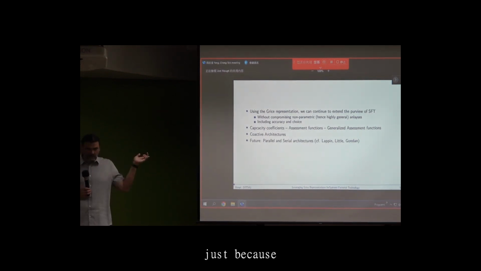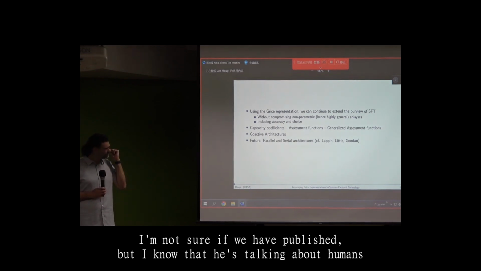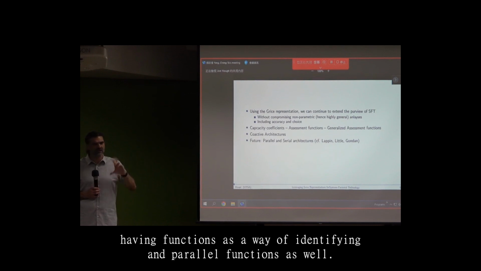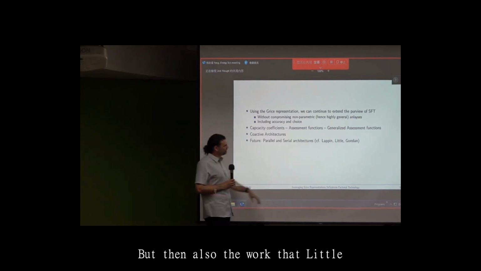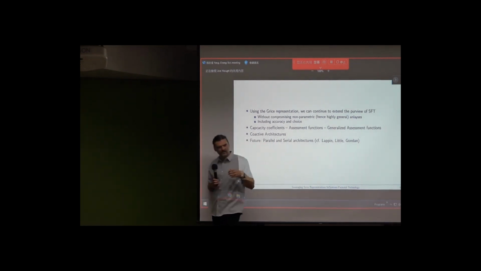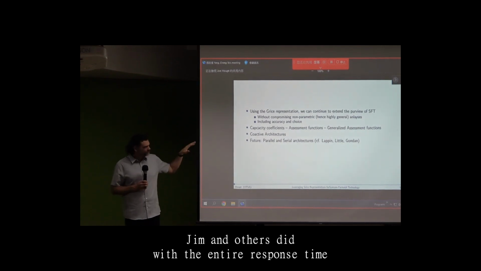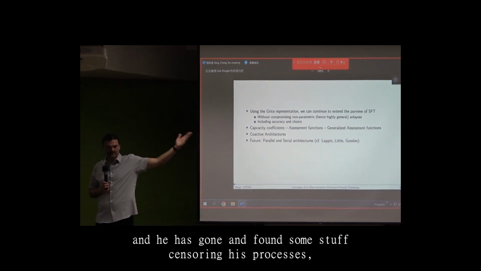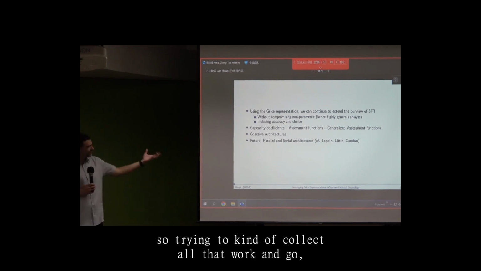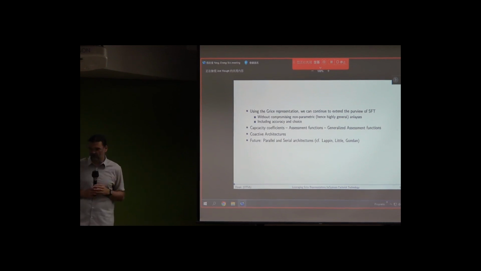I note Lapin here because I'm not sure if it got published, but I know he was talking about cumulative hazard functions as a way of identifying parallel architectures as well. But then also the work that Dan Little and Jim and others did looking at error response times. Matthias Gondon has done some stuff with censoring these processes. So I'm trying to collect all of that work and build on it as well.